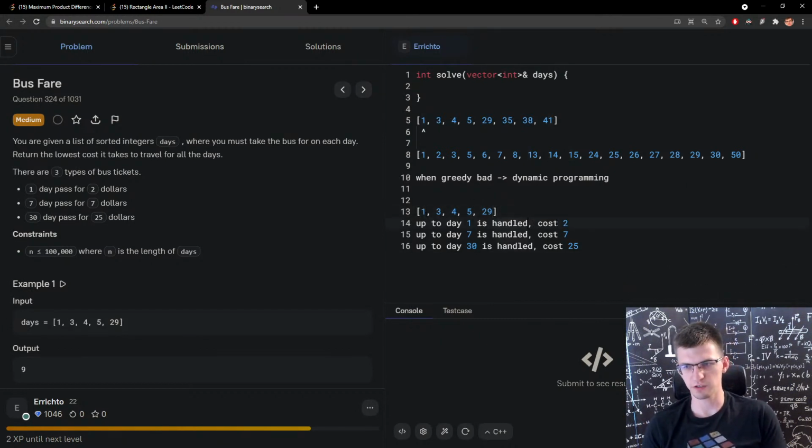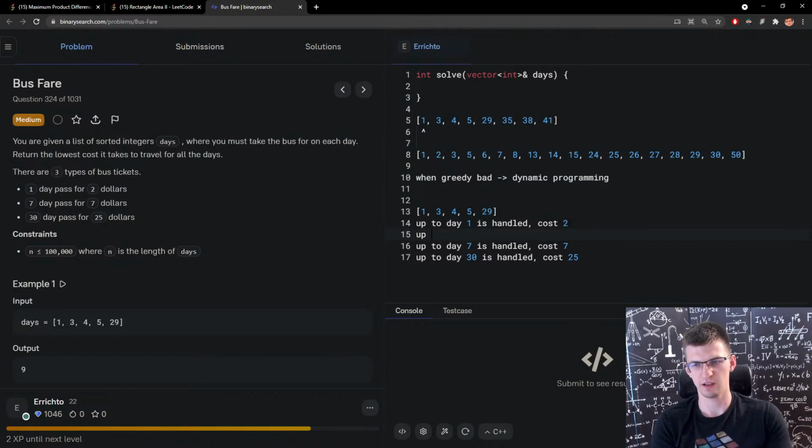And for each of those possibilities, well, here up to day 1 is handled, then the next day to handle is free. So from that we will branch. And we will make some other possibilities, because then up to day 3 is handled with a total cost of 4. What does this mean?